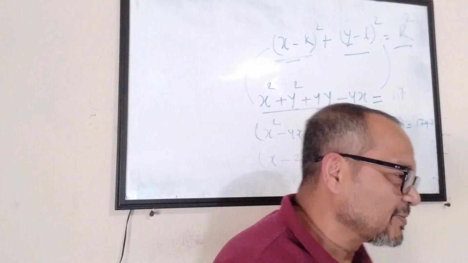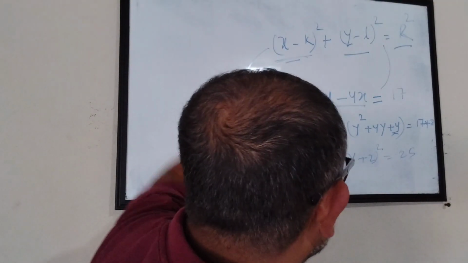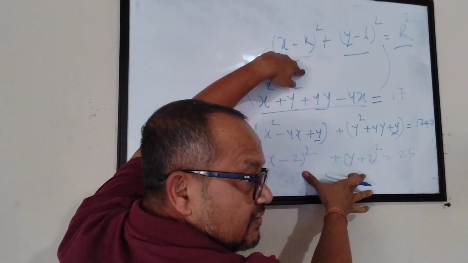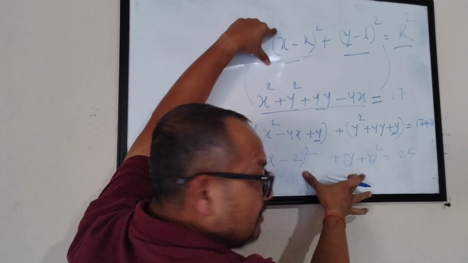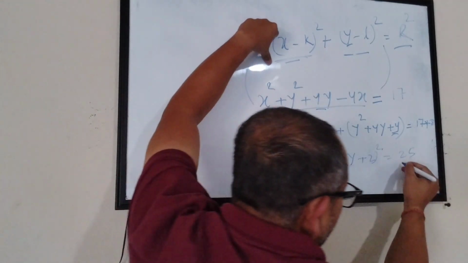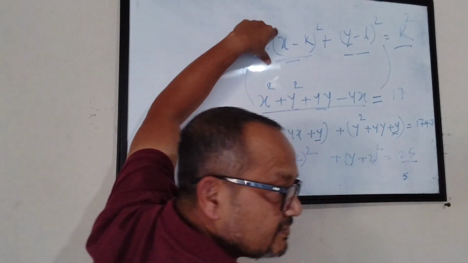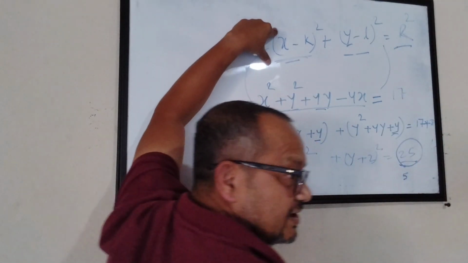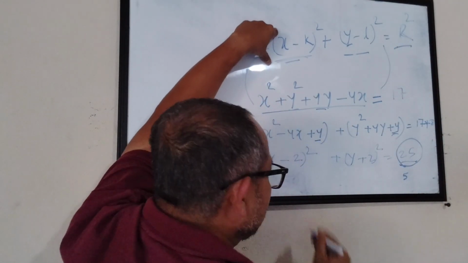Alright. From this equation, what did we do? We converted it into the standard form. Now from this, we can find the coordinates. What is the radius? 25 is 5 squared, so R is 5.